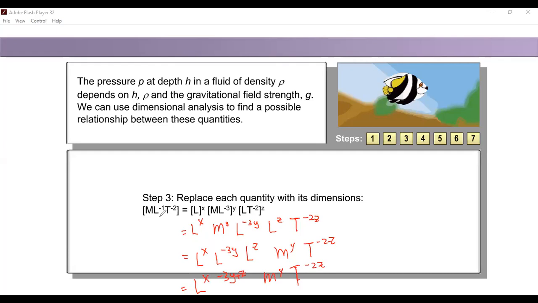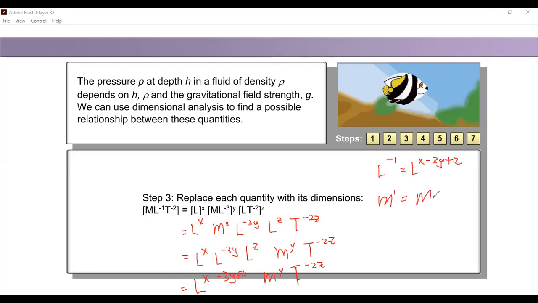So we compare. L is negative 1 equal to L times X minus 3Y plus Z. M, here M is 1.